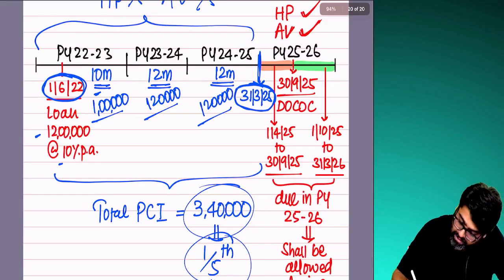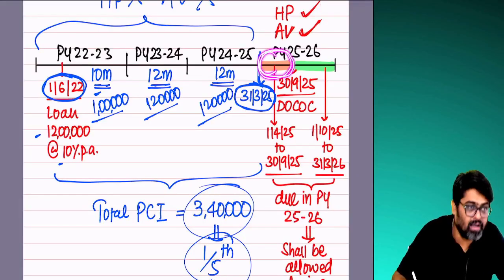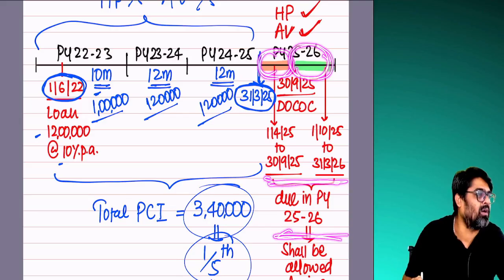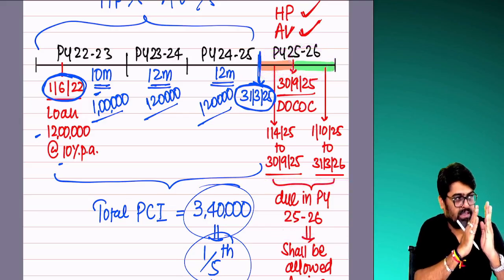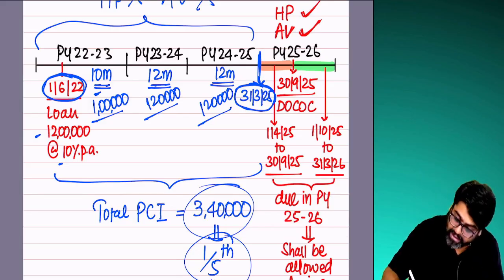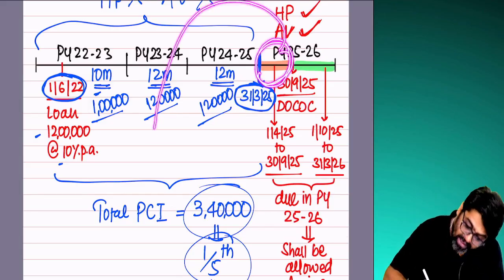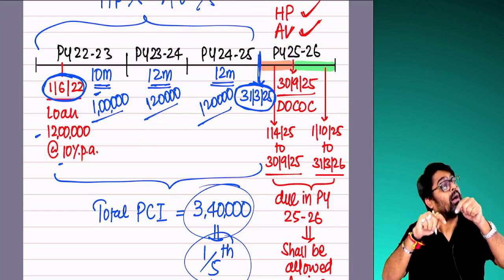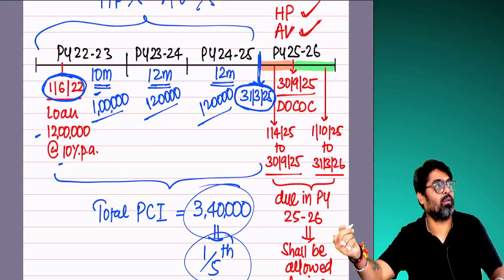Because whatever interest which will become due for this year will be allowed as a deduction in this year only, no? So if you take your pre-construction period till DOCOC, what will happen? The interest for this period will be included in the pre-construction interest also, and it will be allowed as normal interest for that year also.